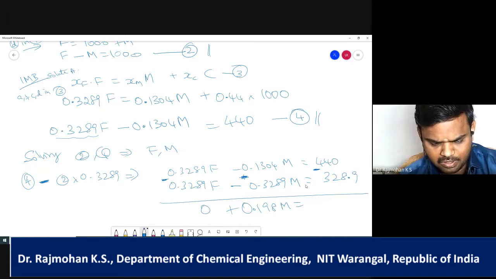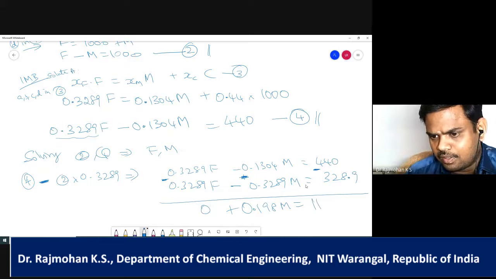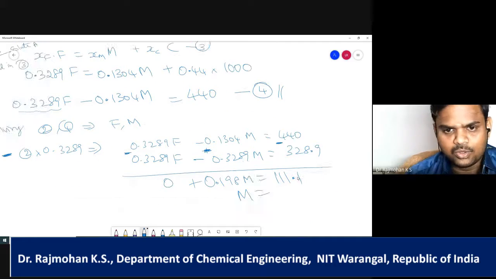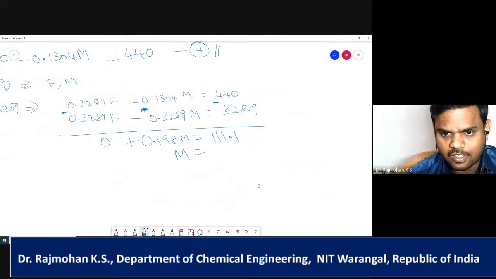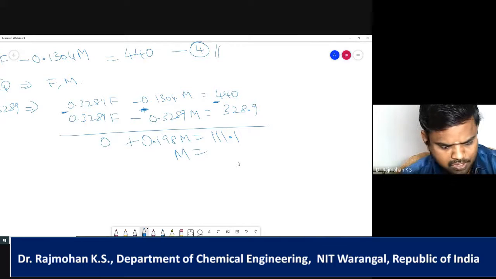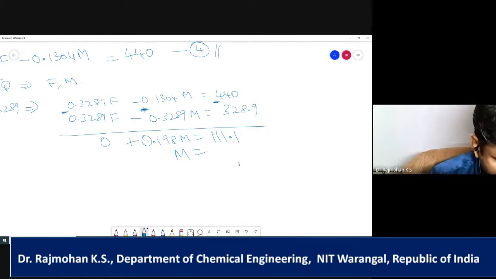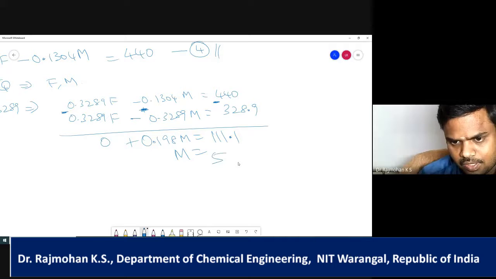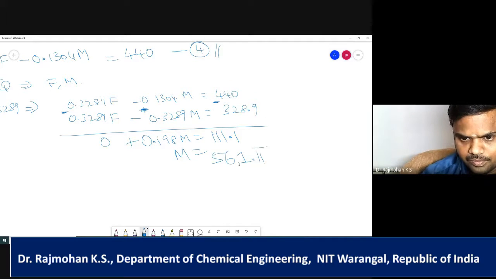How much? 111.1. So therefore the m value is equal to this divided by 0.198. I hope those who got the values from a calculator can cross verify. 561.11 is the value of m.